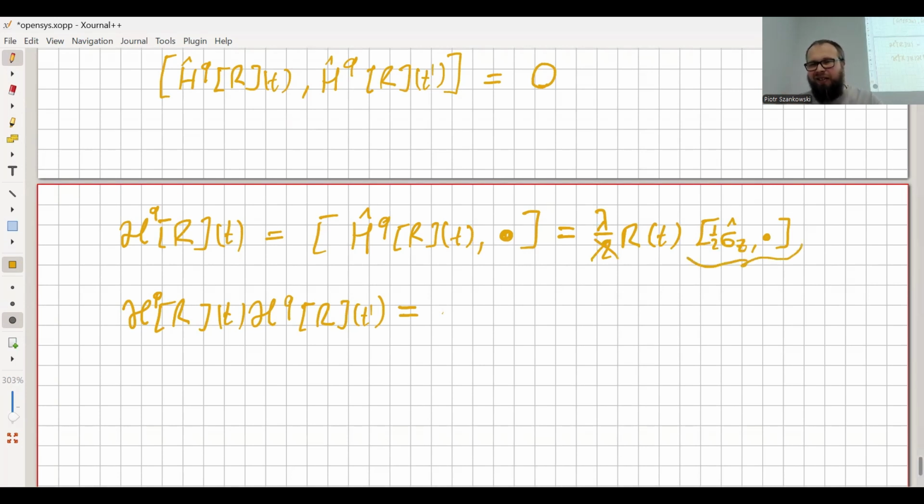And let's call this superoperator S_Z with a calligraphic font, because we'll be writing it all the time, everywhere. So we want to show that calligraphic H commutes with itself at different times. So we take a composition like that. This is just lambda squared R(t) times R(t prime), and S_Z times S_Z.